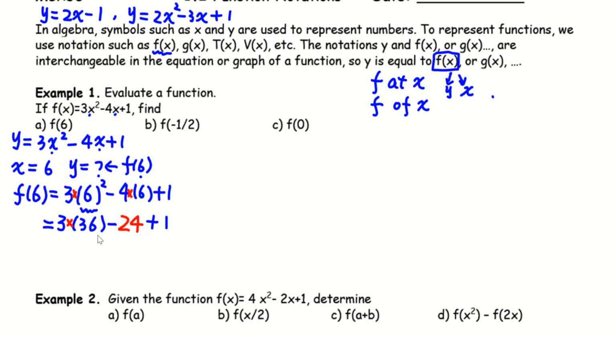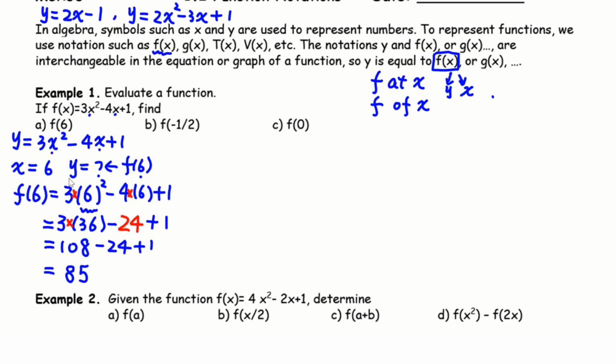By the order of operations, multiplication first. So 3 times 36 is 108. Then minus 24 plus 1. For adding and subtracting, we do it from left to right. Then we have 84 plus 1 is 85. Then it's done.